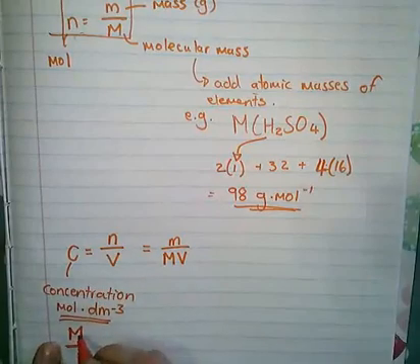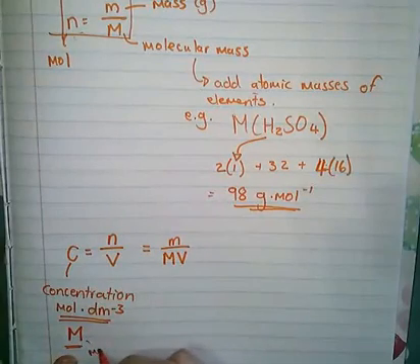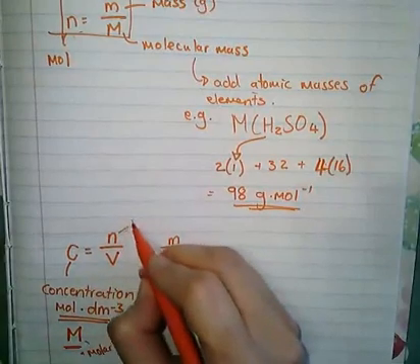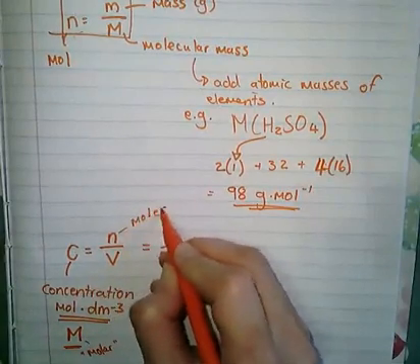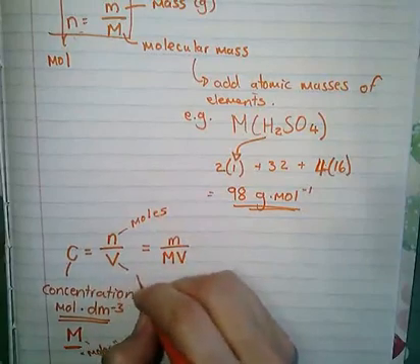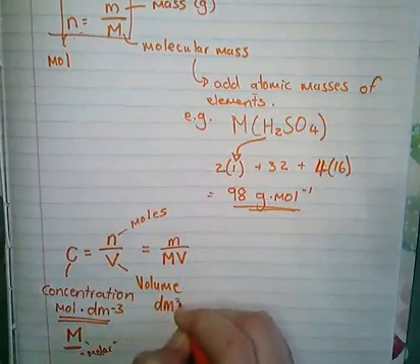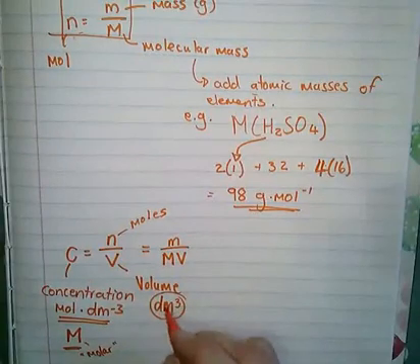And V is the volume, which is measured in cubic decimeters. Okay, the SI unit is cubic decimeters. So if they don't give you the moles, they give you the mass and the molecular mass, then you have to use m over MV to get c. All right, so that's how we're going to calculate concentration.